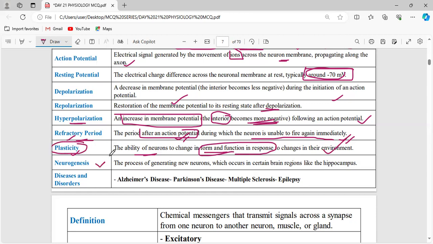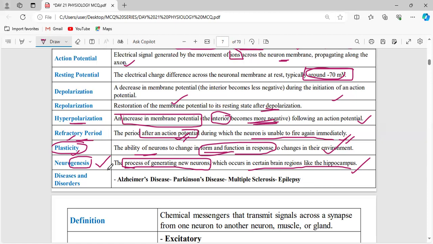Now, neurogenesis. Neurogenesis means what? The word genesis is always related to synthesis. It is the process of generating new neurons, which occurs in brain regions like the hippocampus. This is the area where we can find the synthesis of new neurons.